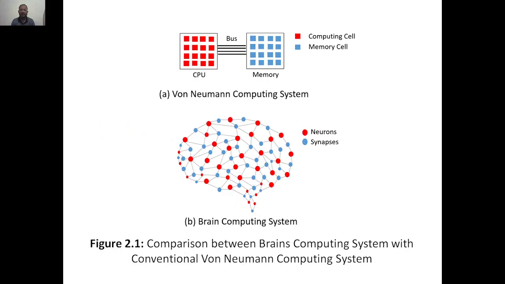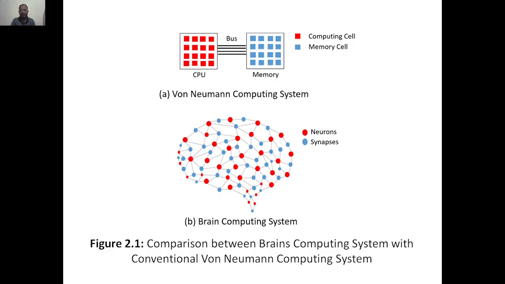Here you can see a red dot. The first one is a CPU. This CPU has the red boxes you are seeing. Those boxes you can imagine as the memory cells of the CPU. Then you have computing cells, which are the cells responsible for the processing. It may be the transistor, the IC chips, all those things.